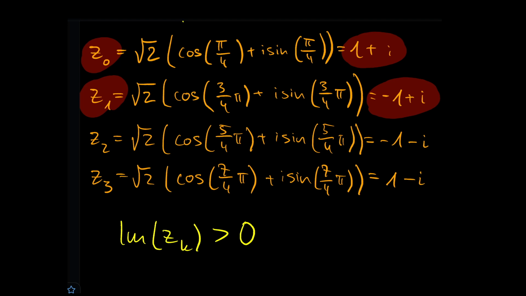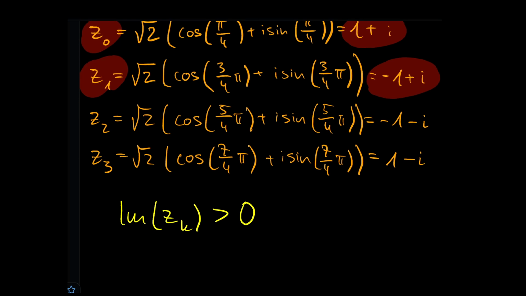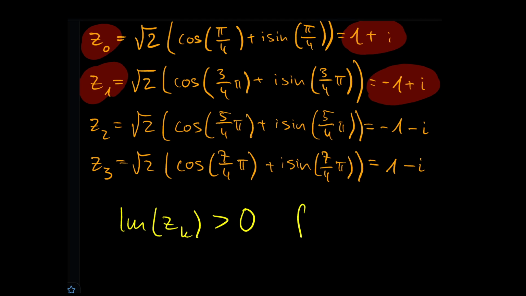So let's recall what our function is. Our function f of x is 1 divided by x to the power of 4 plus 4. So what we have to do now is we need to know how to calculate the residue of a singularity in a function like this. And this is quite simple for rational functions, because the residue at a singularity z_k of a function f, if f is like, let's write it here, wait a second.